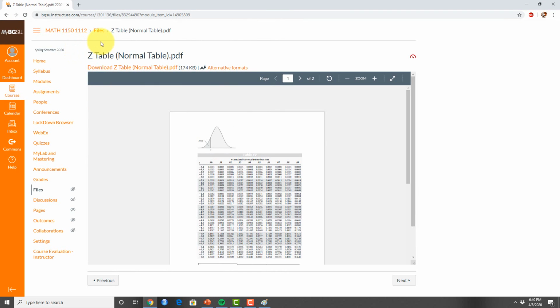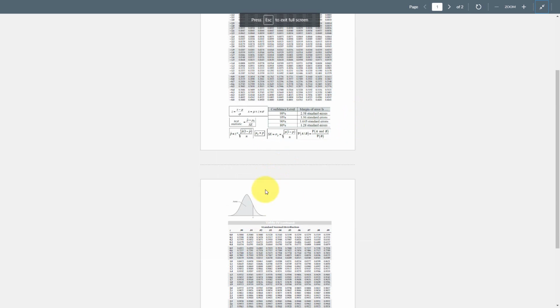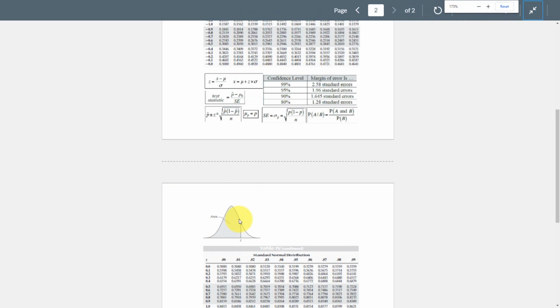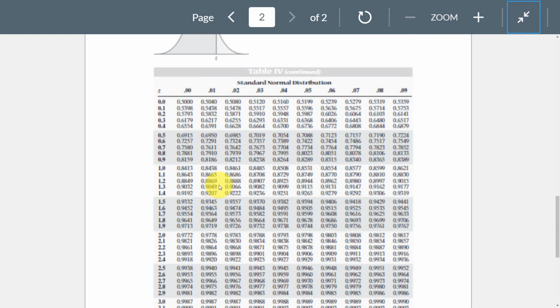Well, on Canvas, under the Chapter 6 module, there's something called the z-table, the normal table. So if we wanted to find the area to the left of a z-score of 1.26, we found the row of 1.2. Now let's just go over. So this is 1.20, 1.21, 1.22, and then we stop right here.